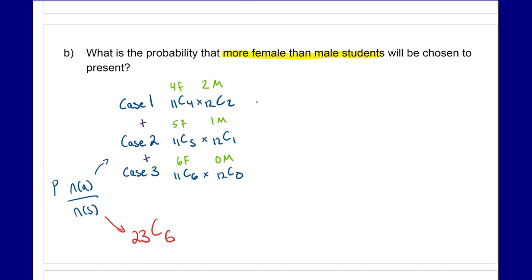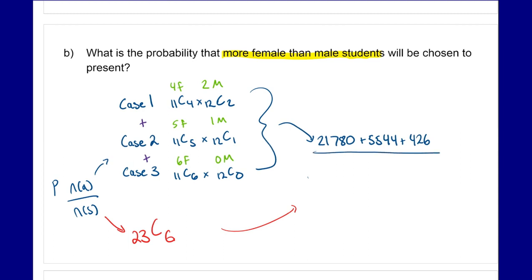So when we bring it all back, case 1 works out to 21,780, plus case 2, which works out to 5,544, plus case 3, which works out to 426, all divided by the total number of ways, which we had previously calculated anyways, 100,947.